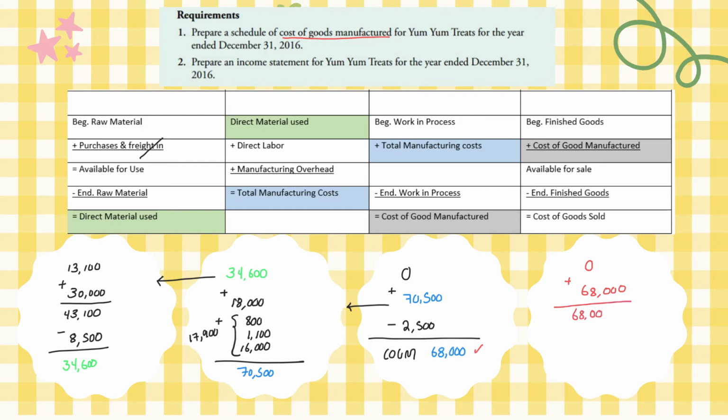This is a subtotal. I need to subtract ending finished goods, which is 5,700. So I'm gonna get cost of goods sold, which is 62,300. This is the cost of goods sold.